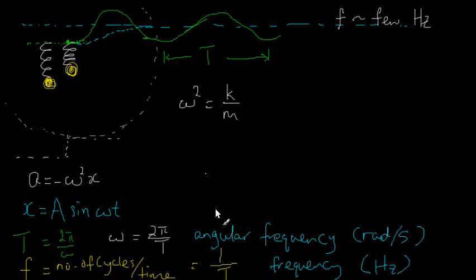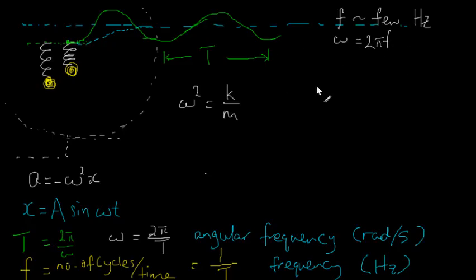While we're here, let me just write down one more relation. If you look at this expression for omega and this expression for f, you see that the difference is a 2 pi. So f can be directly related to omega. If I multiply f by 2 pi, I get omega. So therefore, omega is equal to 2 pi times f.